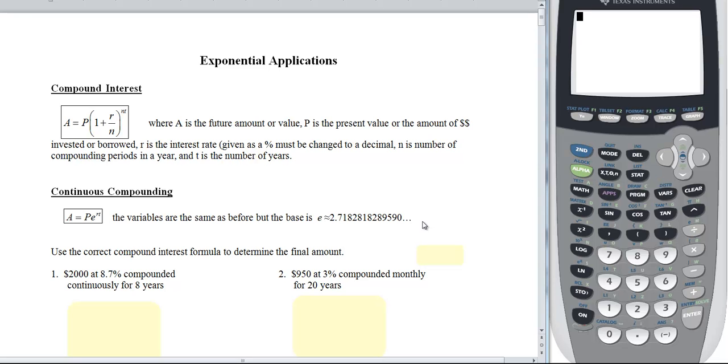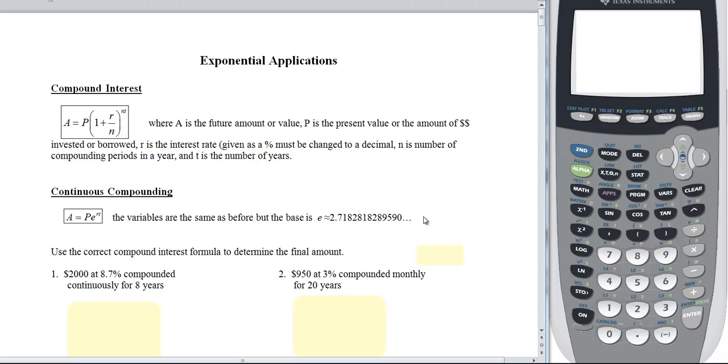E is the base amount of growth that's shared by all continually growing processes. It shows up whenever systems grow exponentially and continuously, such as population, radioactive decay, interest calculations, and there's others.